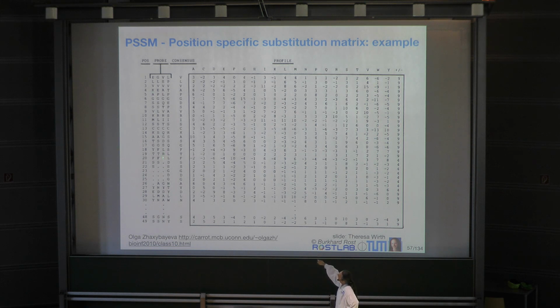So this implies an alignment. This alignment implies a substitution matrix that is specific to the place. So you get a certain probability here to have an alanine at the first point. By the way, consensus sequence here, you have an example where the V is the most informative one. It's not the first one here.